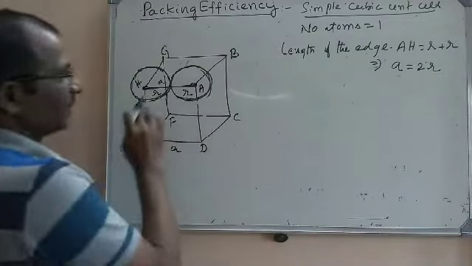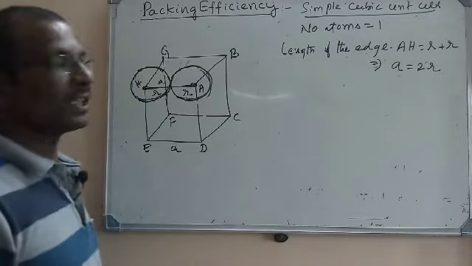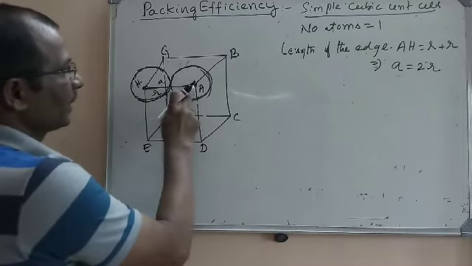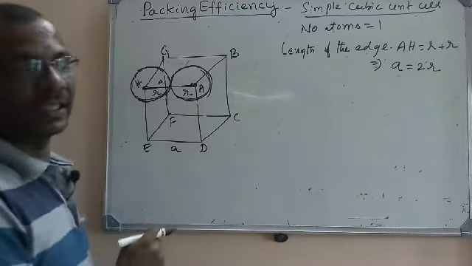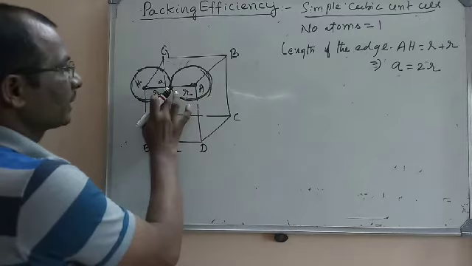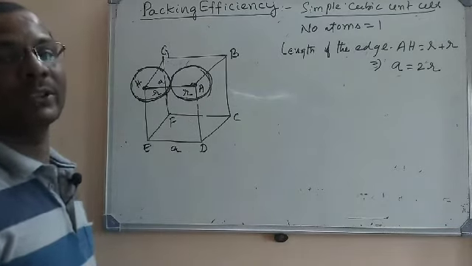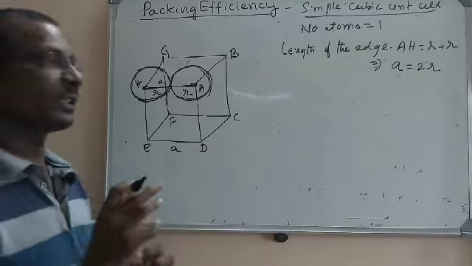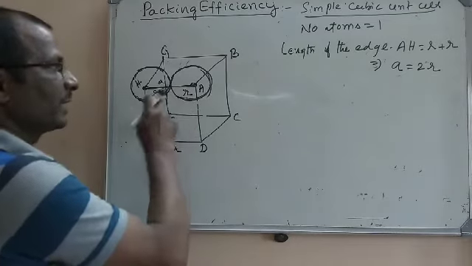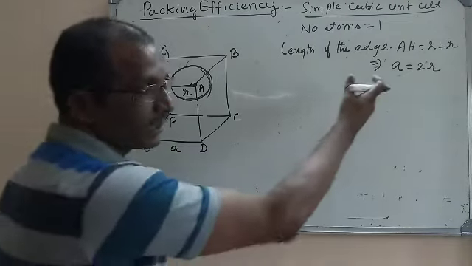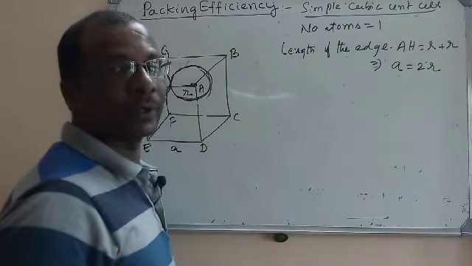That's it. As the atoms are in contact with each other, the length of the edge is clearly A equals 2R. Only in simple cubic the points will be in contact with each other. The adjacent corners will be in contact with each other. So we have directly got the value of A equals 2R.